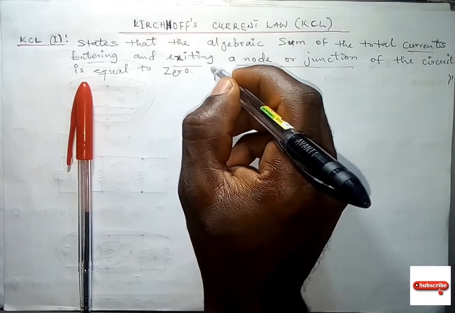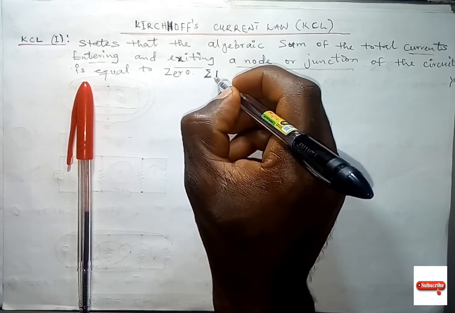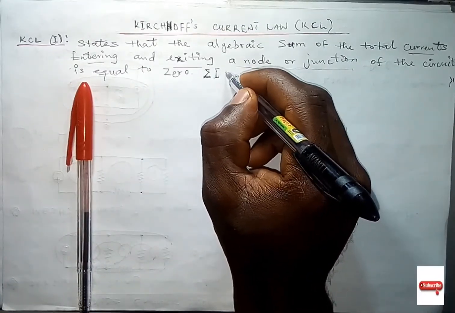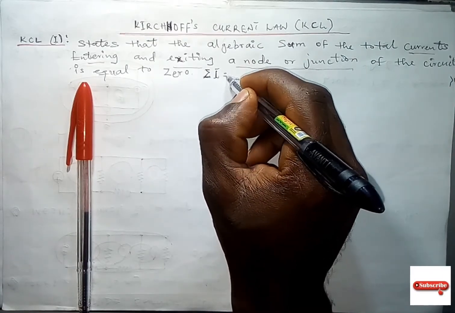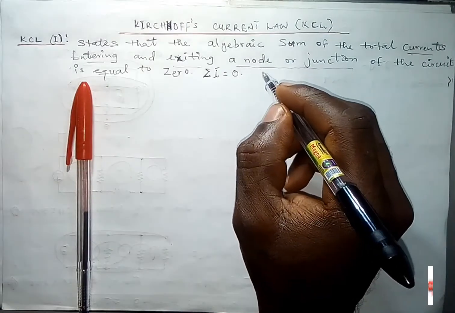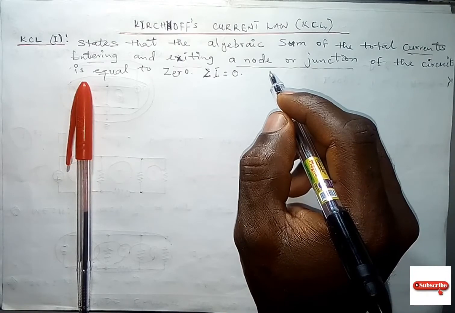Which means the algebraic sum of the current I in any parallel circuit is equal to 0. That is what the first law is talking about.